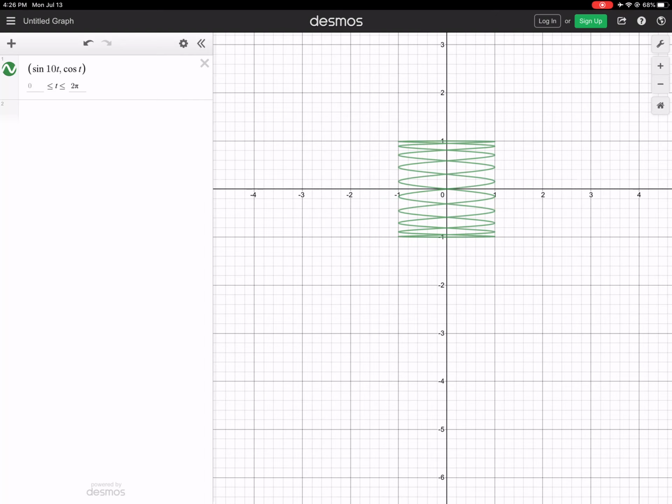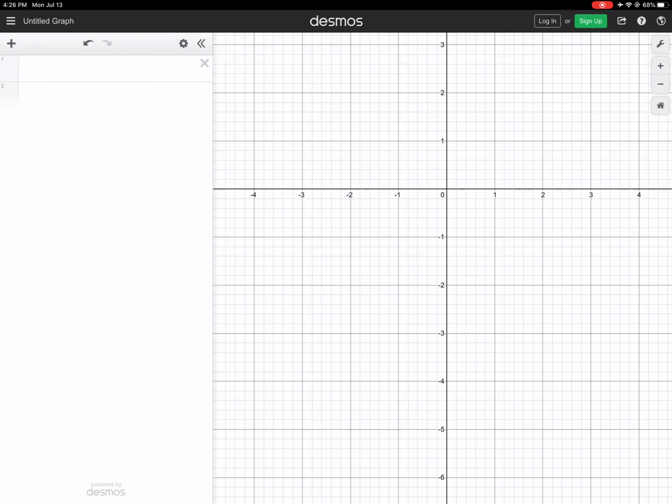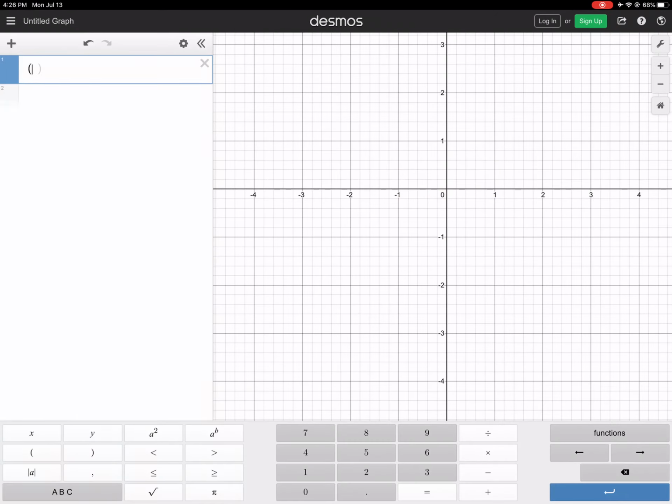So now here's something else that's interesting. Let's switch things around, and I'm going to do the sine of t in the x-coordinate and the cosine of 3t in the y-coordinate. Sine of t, comma, cosine 3t.